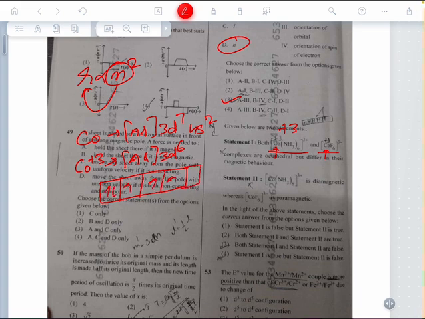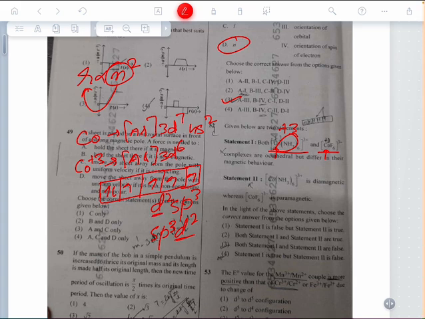So NH3 being a strong ligand, it will pair up the electrons and it will form d2sp3 hybridized orbital. While fluorine is a weak ligand, so it cannot pair up the electrons, so it will form sp3d2. That means outer d complex, and NH3 will form inner d complex.